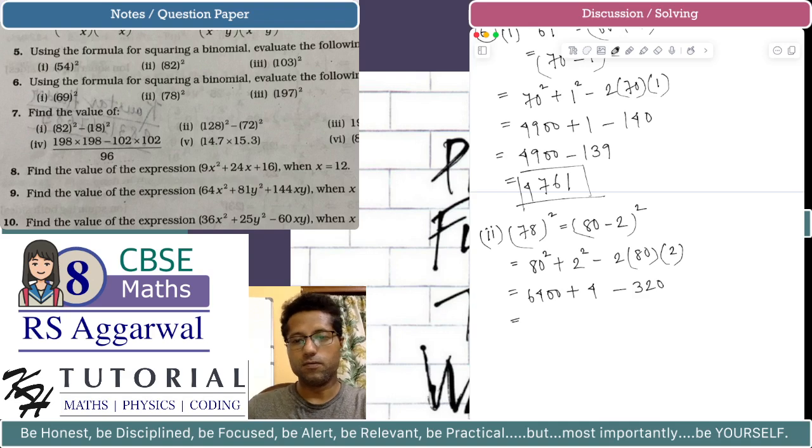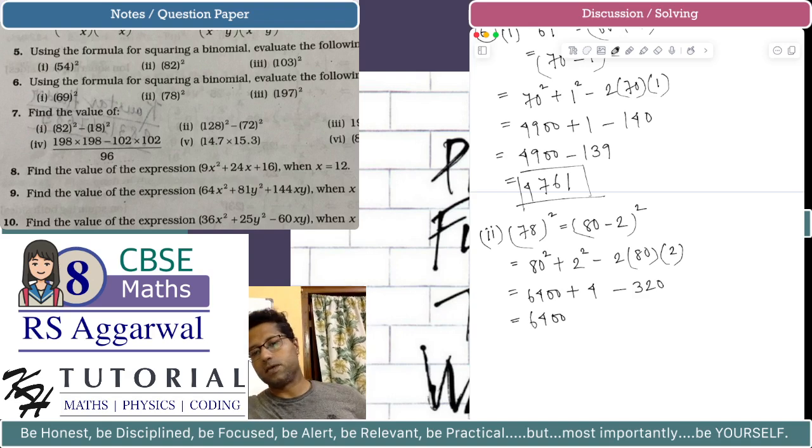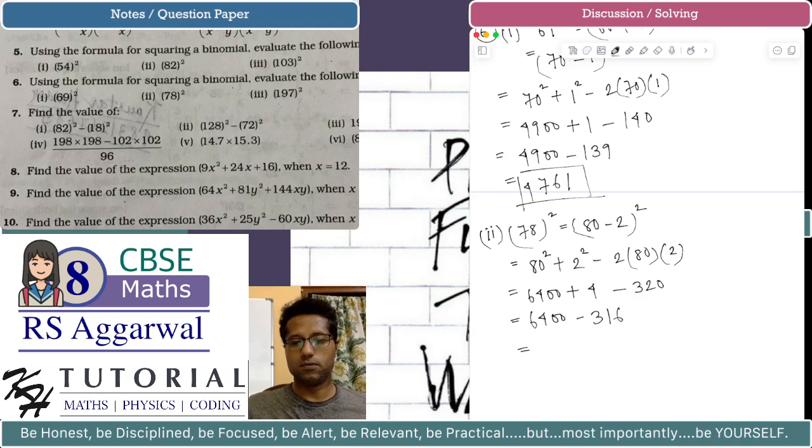This is equal to 6400, and plus 4 minus 320 is minus 316. So this is equal to 6084.